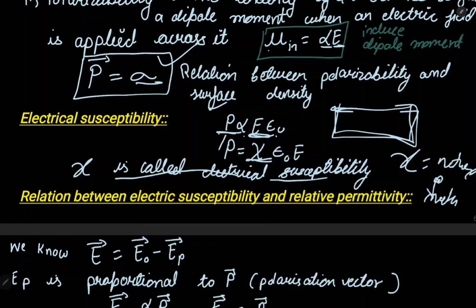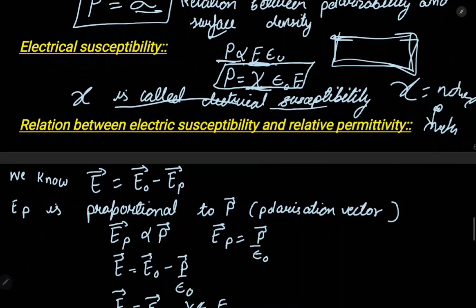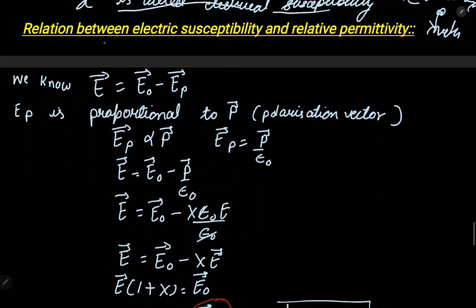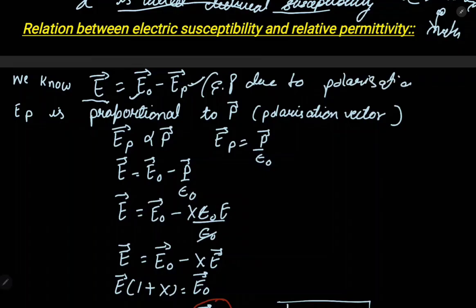So we have to learn this expression that polarization P is equal to chi epsilon naught E, where E is the electric field that is developed. Now we have to find the relation between the susceptibility and the permittivity. We know that the net electric field after the polarization is equal to the applied electric field minus the electric field due to polarization.